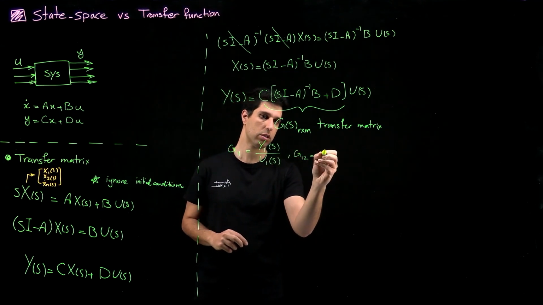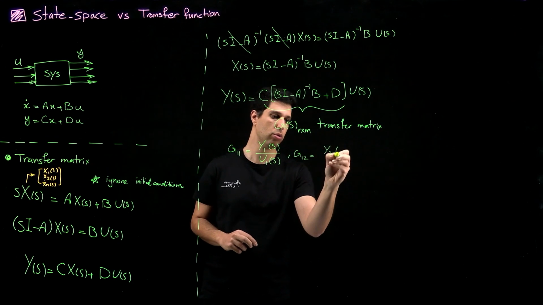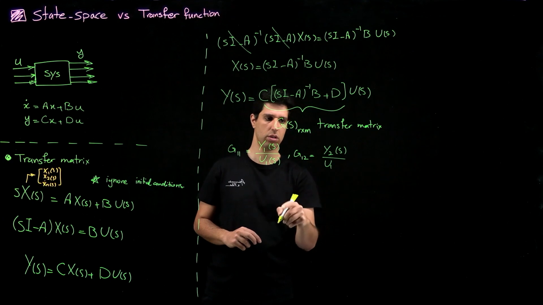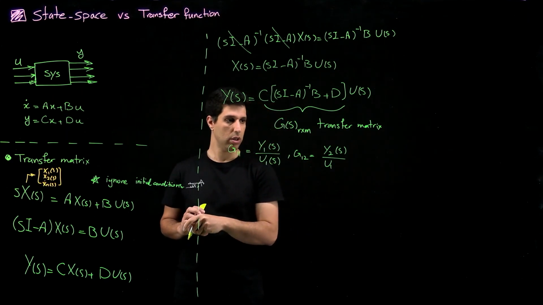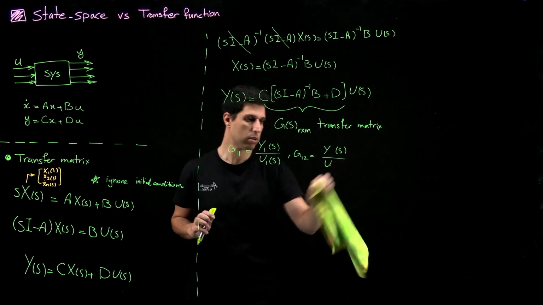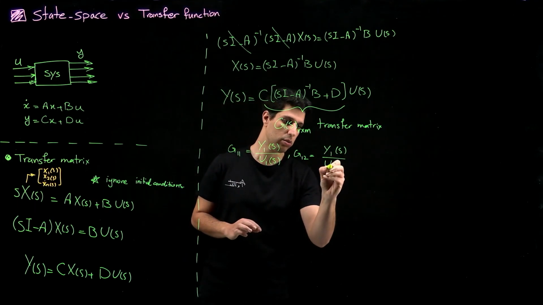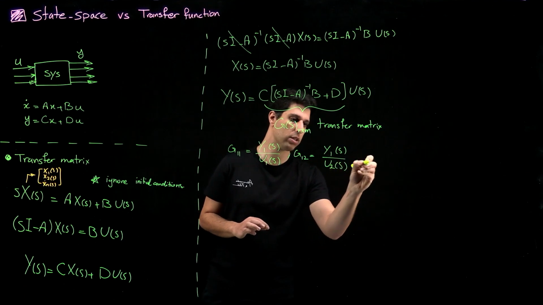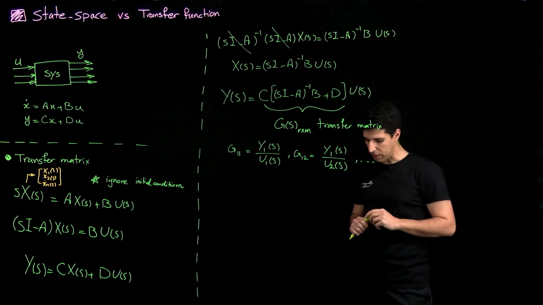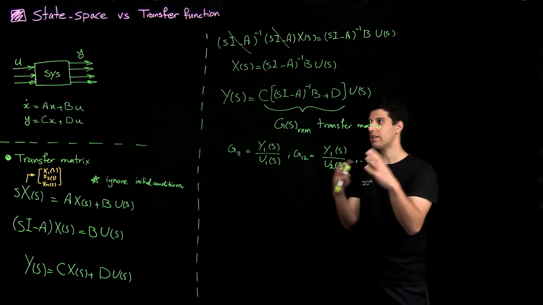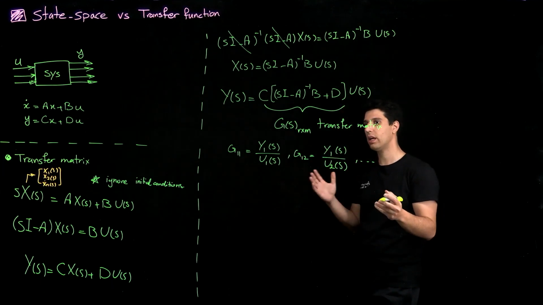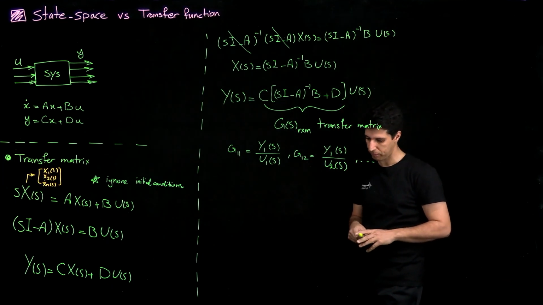G12 is y2 by u1? No, the other way around: y1 and u2, and so on. So this transfer matrix contains all the information about individual transfer functions between different inputs and outputs of the system.